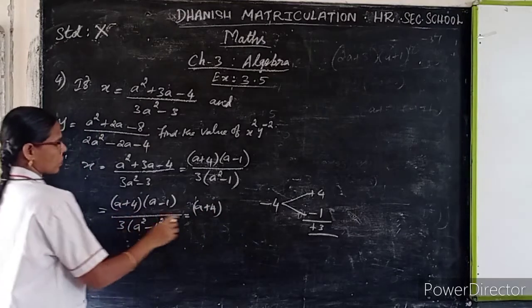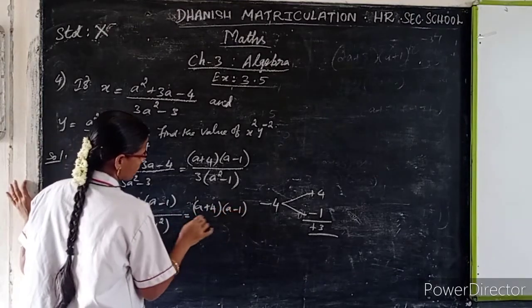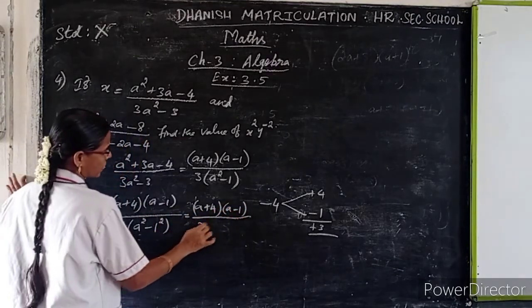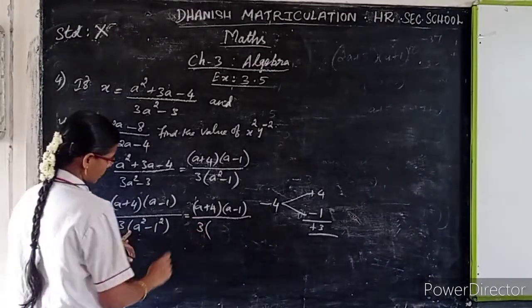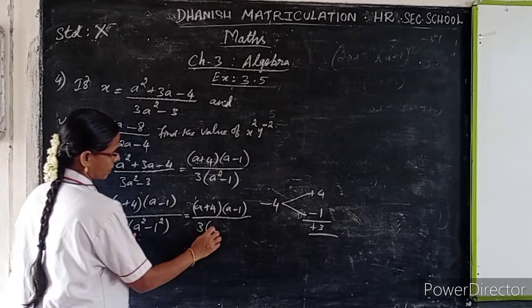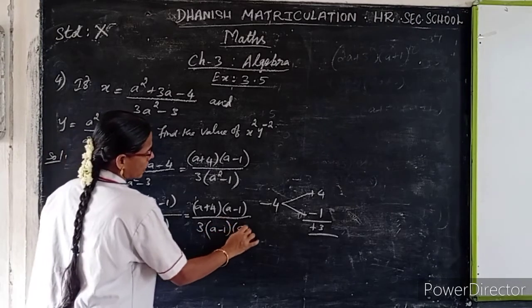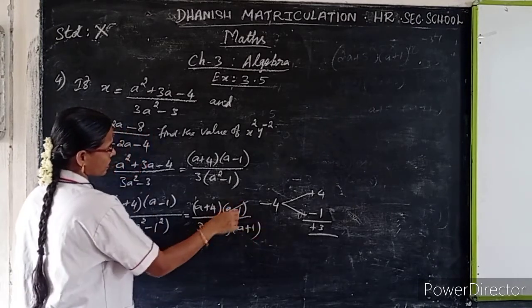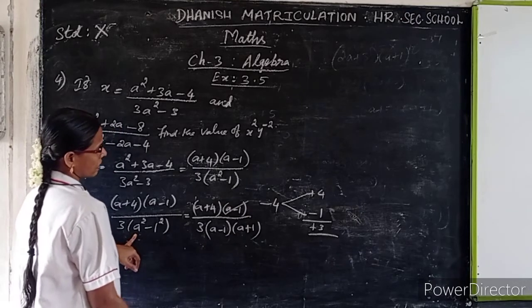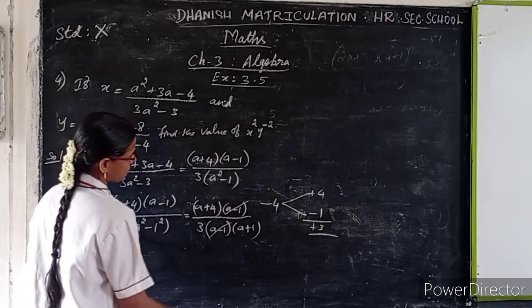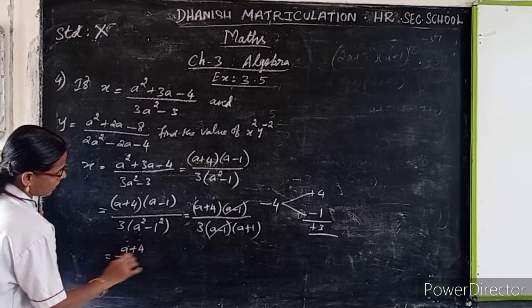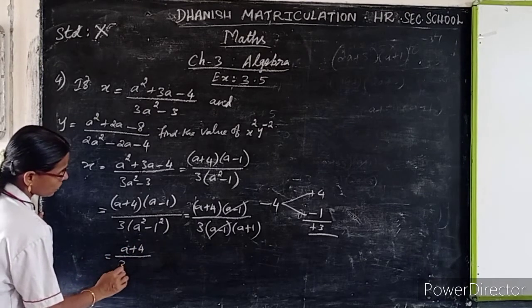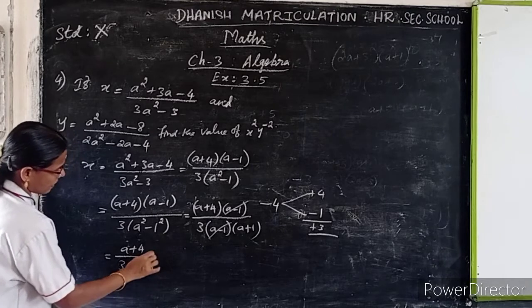The numerator is (a + 4)(a - 1). The denominator is 3 into, it is in the form of a² - b², so (a + b)(a - b): (a - 1)(a + 1). Now a - 1 gets cancelled. So the remaining terms are (a + 4) divided by 3(a + 1). This is x.